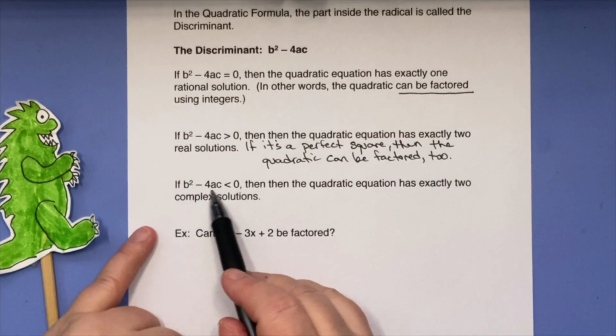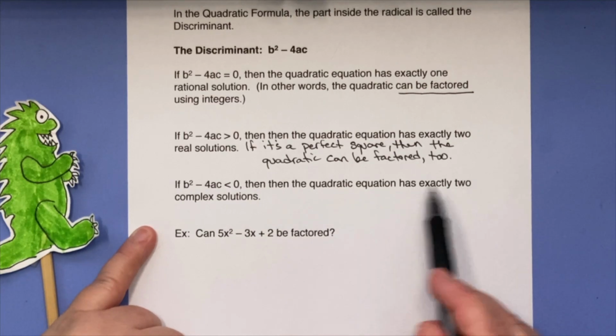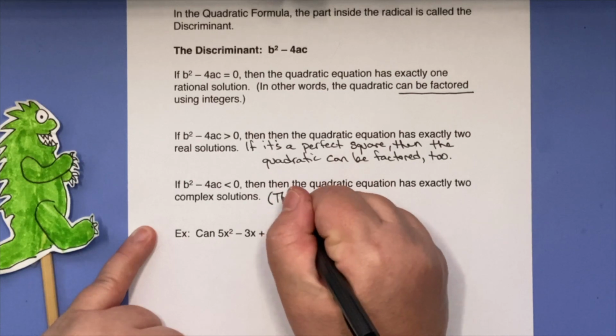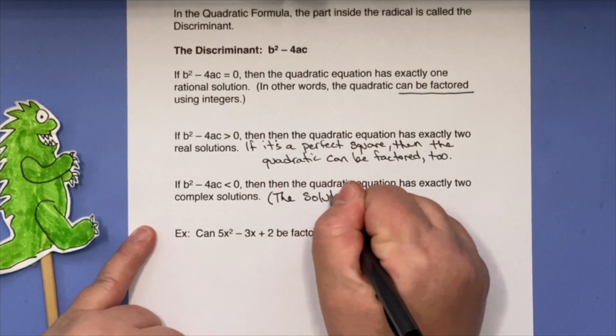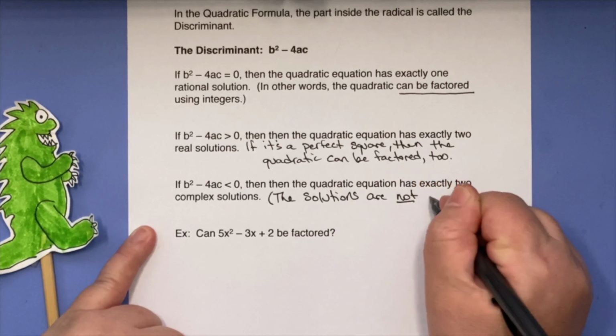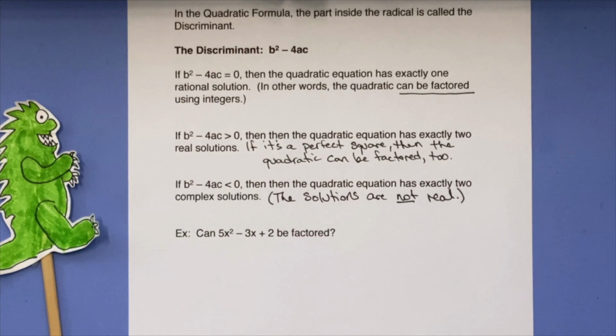If the discriminant is negative, then the quadratic equation has exactly two complex solutions. I'm going to write here the solutions are not real. Okay, so if you're working with real numbers like we are in 1.4, you would say there's no solution.